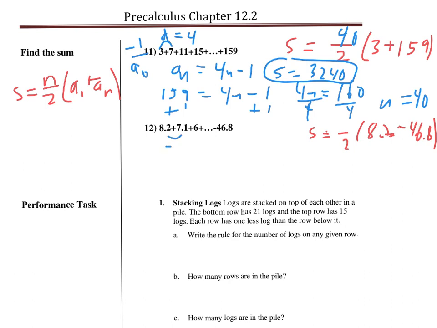I see that my common difference is actually negative 1.1, and so if I added 1.1 going the other way, my a sub 0 would be 9.3. So I could say a sub n equals negative 1.1n plus 9.3. Okay, and now I'm going to use that to plug in negative 46.8 to figure out what number term it is.